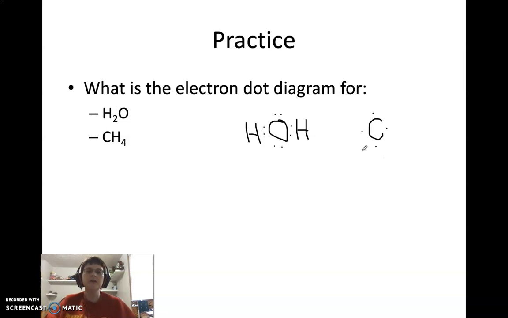I showed that to you in another video because some of the dot diagrams show it drawn differently. This is the easiest way to draw it so that when you go to bond it, you can see it this way. Then you've got a hydrogen on each side because each hydrogen has an electron to share. So hydrogen up here and a hydrogen on this side and 1 down here. That's what the electron dot diagram would look like for methane.